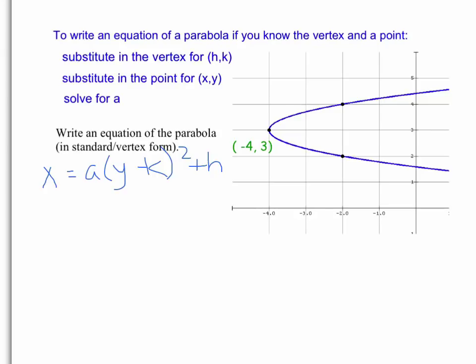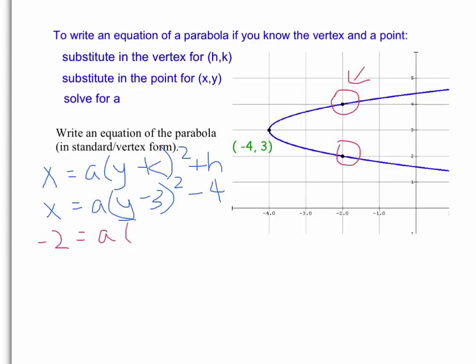So we know that the vertex is negative 4, 3. So we can put those in. It's going to be y minus 3 squared minus 4. That's the plus h part, the x part of the vertex. And then we can go and substitute in. We know another point. Well, actually, we know 2 points. We know this one, and you can pick either one. I'm going to pick negative 2, 4. I'm going to put negative 2 in for x.